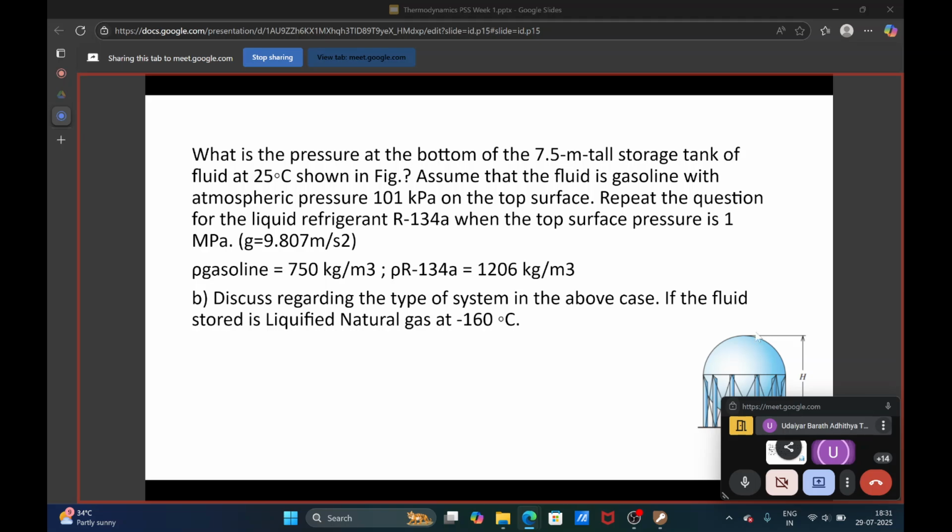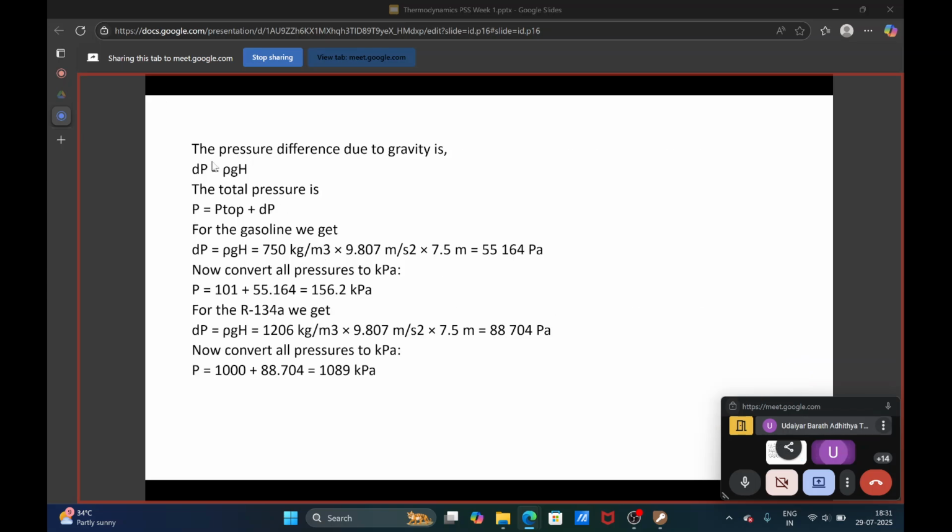Here we assume that the whole storage vessel has been filled with gasoline, so from top to bottom the pressure difference is rho g h. That is 750 kg per meter cube times 9.807 meter per second square times 7.5 meter. This comes out to be 55,164 Pascal, or 55.164 kilopascal, just dividing by 1000.